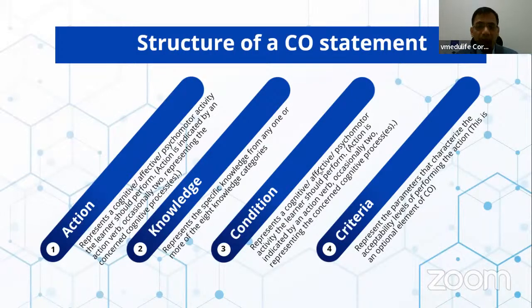We have cognitive, affective, and psychomotor domains in Bloom's taxonomy. It is very important that my statement of CO should reflect a certain category of Bloom's as well. Then it should indicate the knowledge parameter.